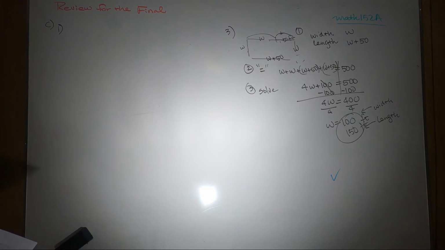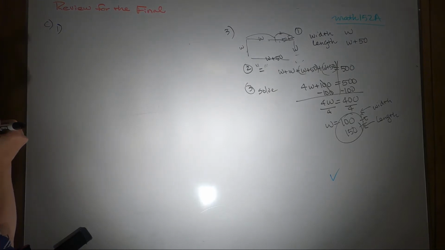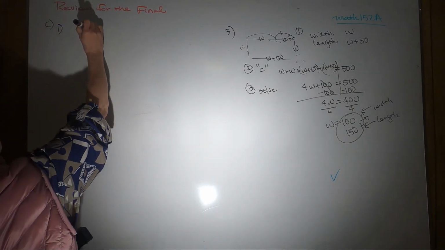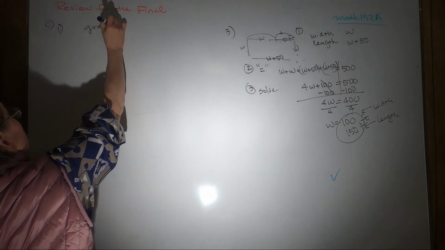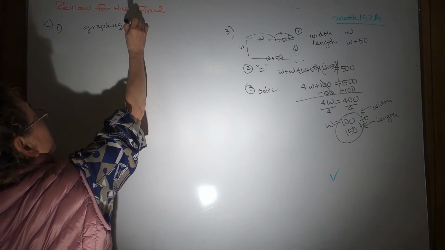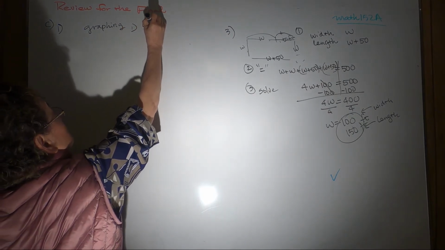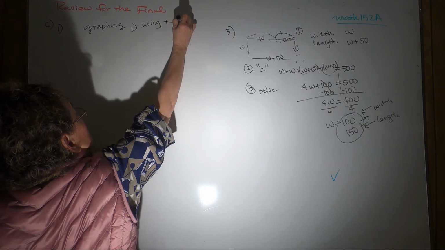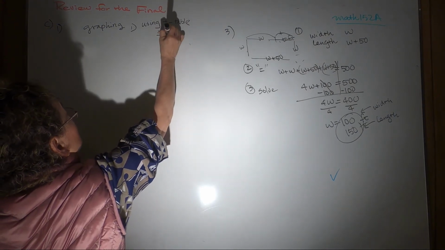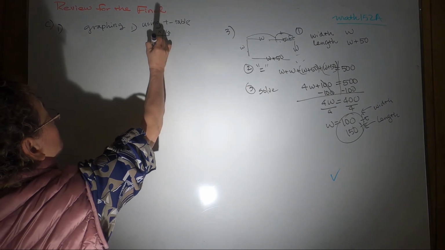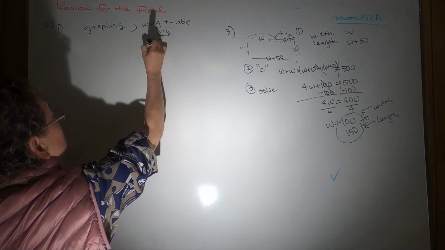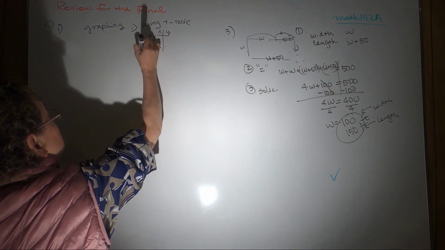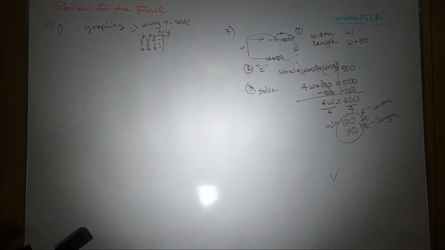First one, here is the solving and graphing. For graphing, we have 3 methods, right? One is using a t-table with how many points? 3 points, right? You can use 0, 1, 2, or 0, 2, 4, or 0, 3, 6, whichever gives you good numbers.